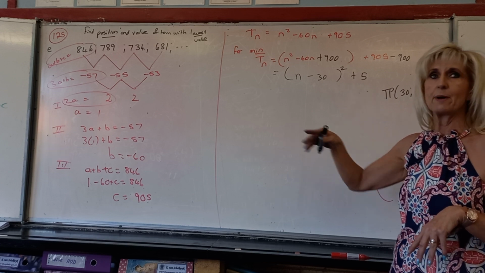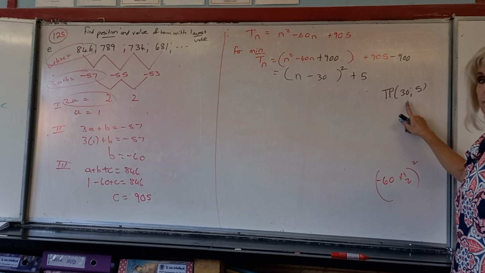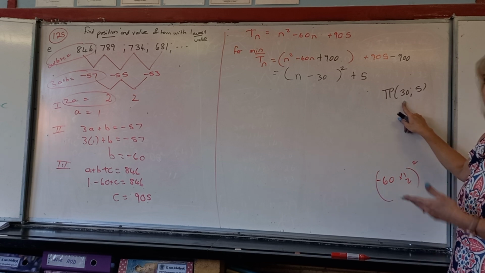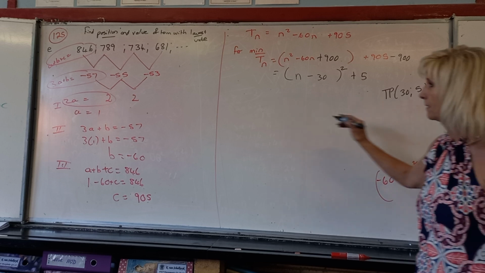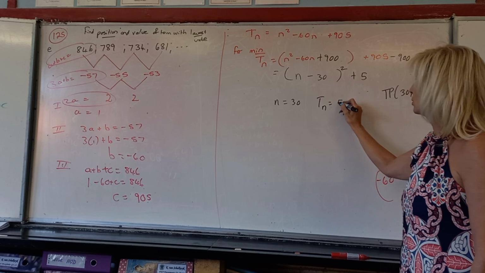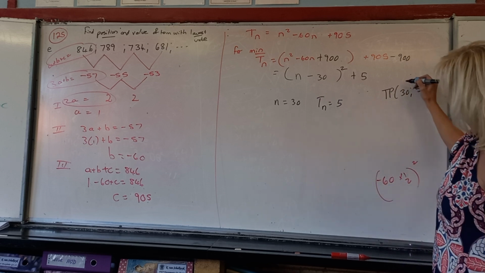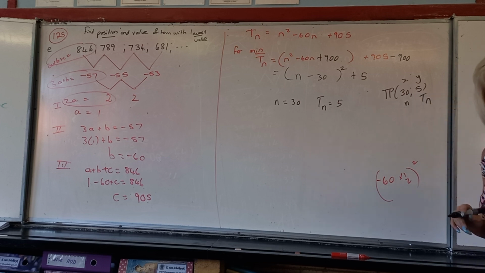But what does it say about this quadratic number pattern? That the minimum value would be where n is 30. Then Tn, the actual value would be 5. You see this xy isn't xy, it's n Tn.